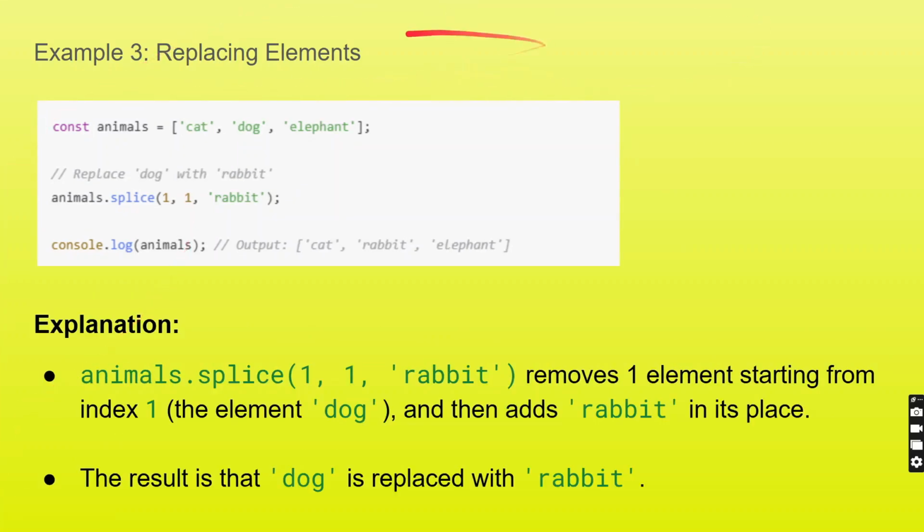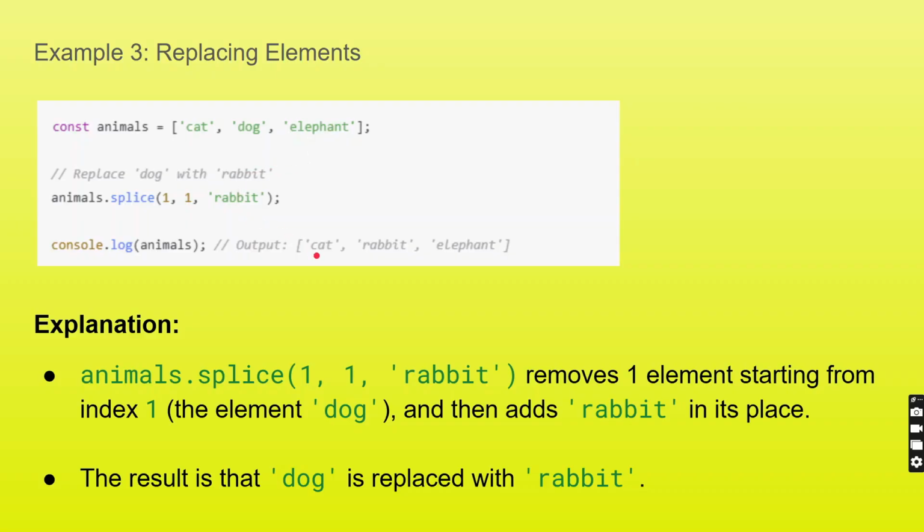And replacing elements. Replacing elements with cat, dog, elephant. So when we have animals, splice starting at 1 and replacing 1. The previous output is cat, dog, elephant.